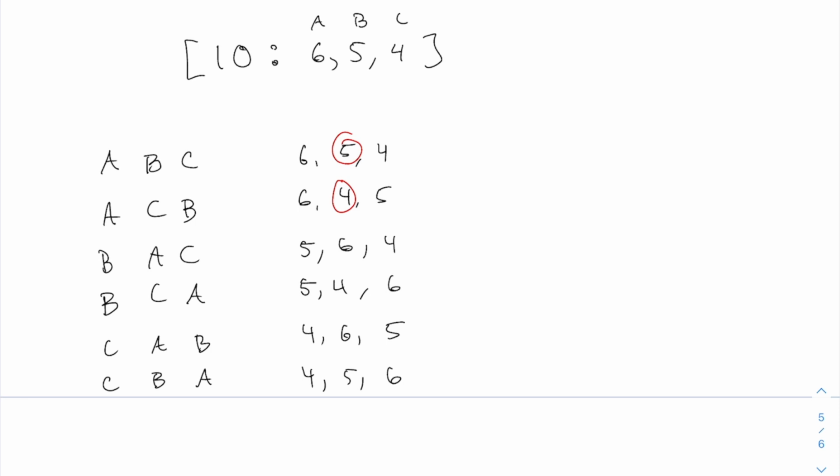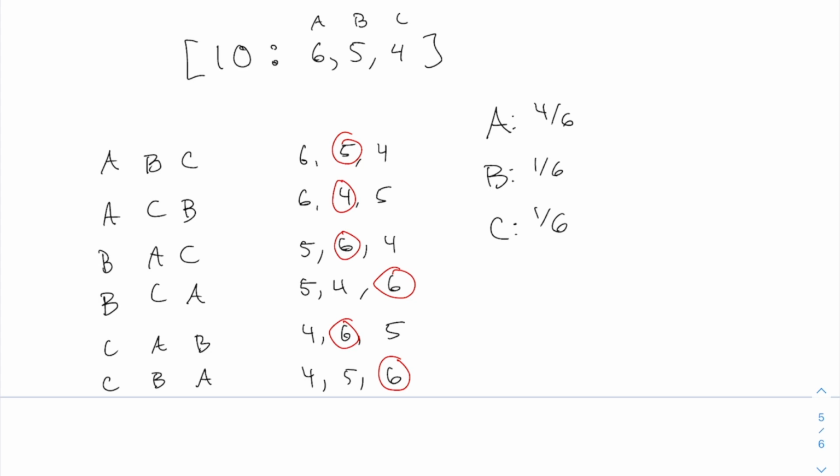Next, 5 and 6. 6 is the pivotal. The next one, 5 and 4 makes 9, which is not enough, so we go to the 6. The next one, 4 and 6 is 10, so 6 is there. And the last one, 4 and 5 is 9, so I have to go to the 6 like that. And so my answer would be A is 4 out of 6, B 1 out of 6, C 1 out of 6. All right?